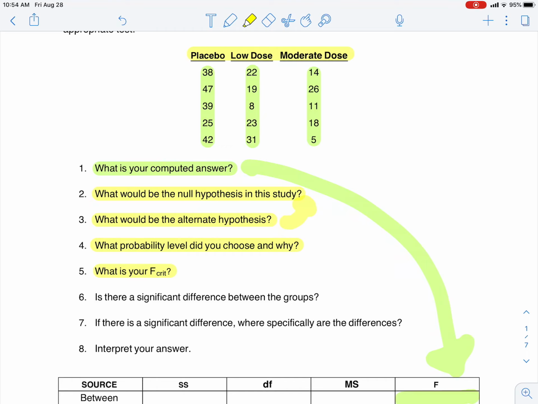Next, you're going to conclude by comparing your computed answer with your critical value answer. You're going to conclude, is there a significant difference between the groups? And if there is a significant difference, what do those differences appear to be?